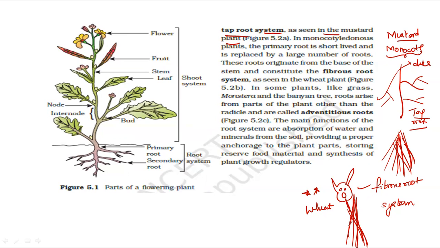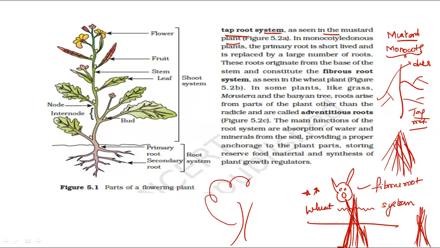What happens is, because these roots are so thick, the animals are only able to eat a particular portion of the root. They cannot eat the whole thing, and then it again grows back. That is the importance of having thick root system.